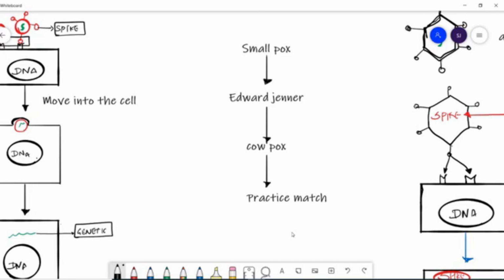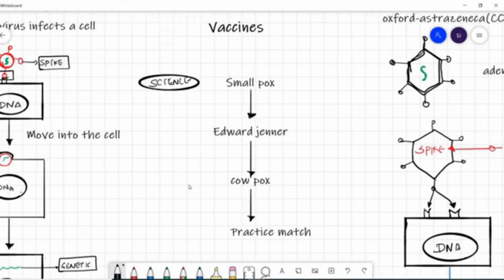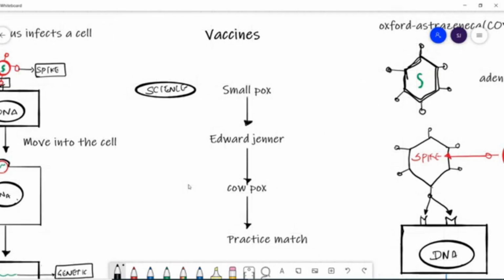So what we do is that we use something called science. The science which we discover is used for fighting all these viruses, and one such science is what is called vaccines. This vaccine has been there for a very long time, but in regular terms it was discovered by a person called Edward Jenner in the case of smallpox.